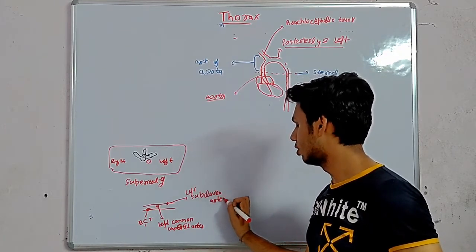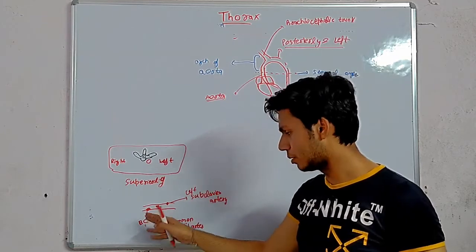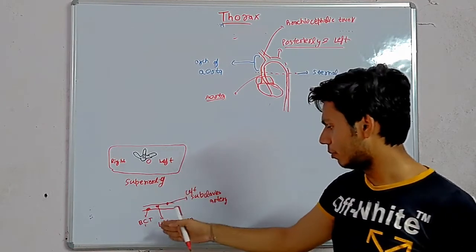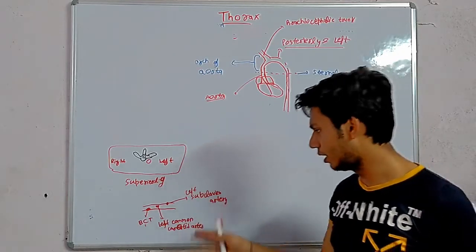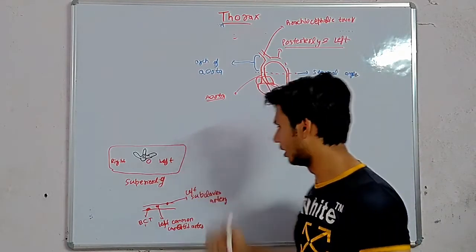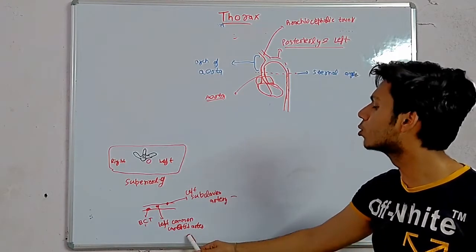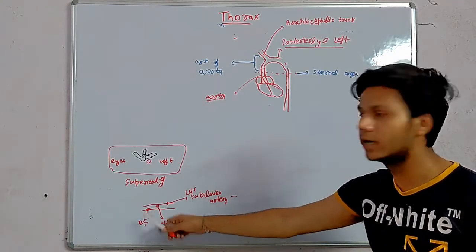This is the arrangement from posteriorly: BCT, the brachiocephalic trunk, anteriormost; left common carotid artery in the middle; and left subclavian artery posteriorly. This goes into the left limb, this goes into the head and neck, and this divides into two.